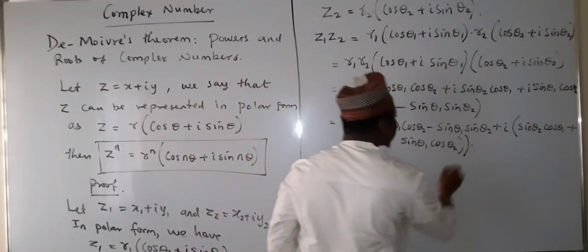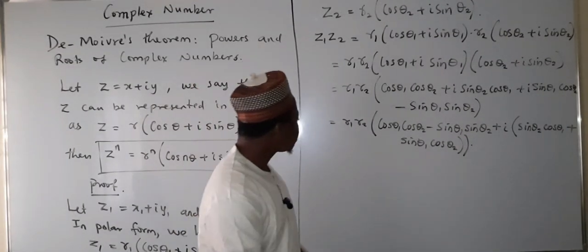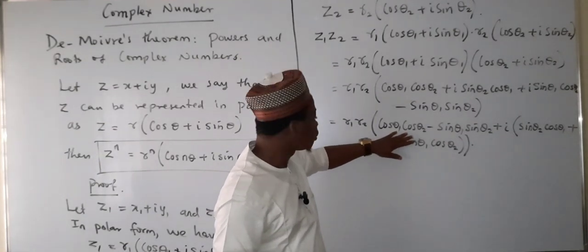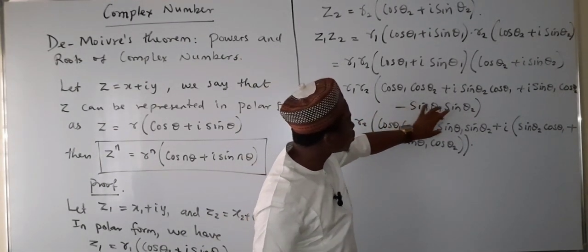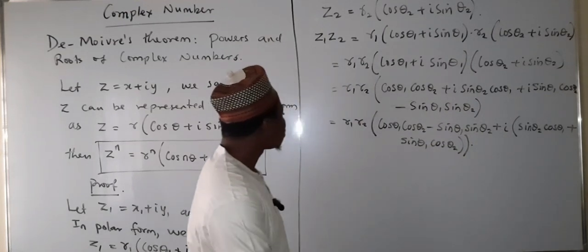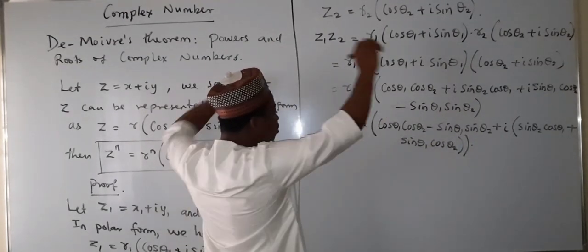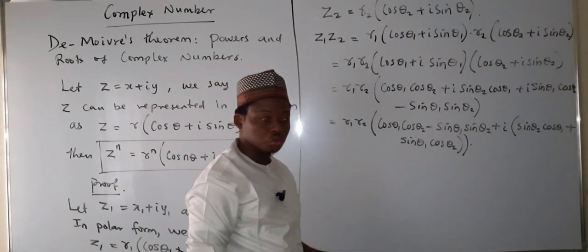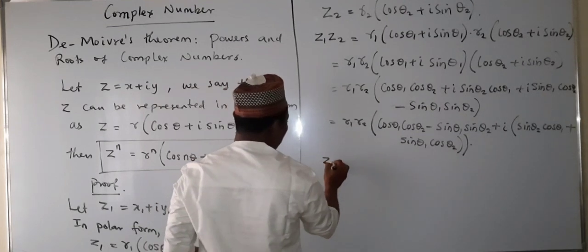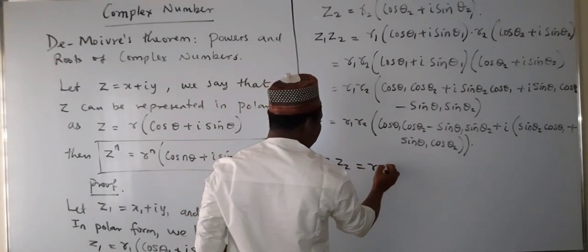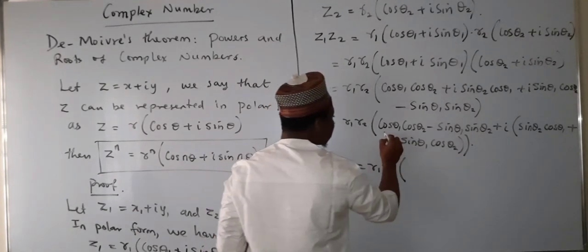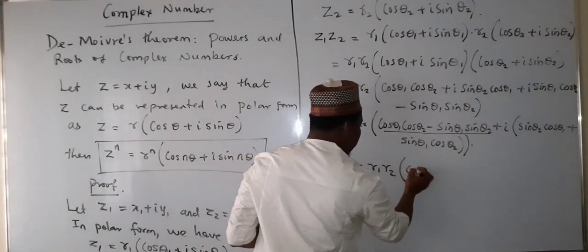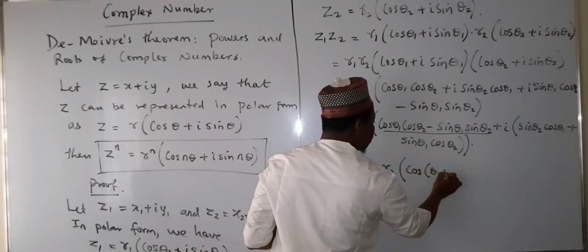Now, looking at this clearly, back to our compound angle, you see that cos theta 1 cos theta 2 minus sin theta 1 sin theta 2 is the same thing as cos of theta 1 plus theta 2. That is, you now have z1 z2 equal to r1 r2, open bracket, this here is the same thing as cos theta 1 plus theta 2.